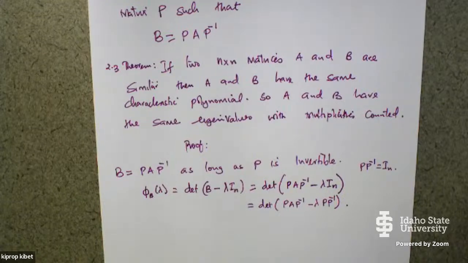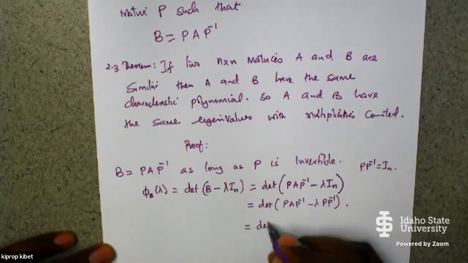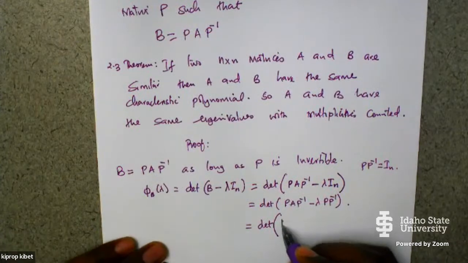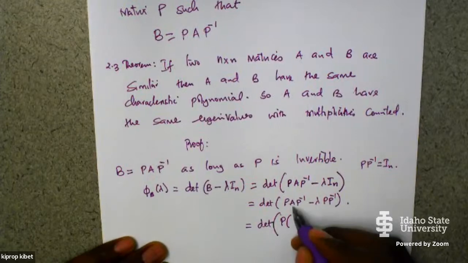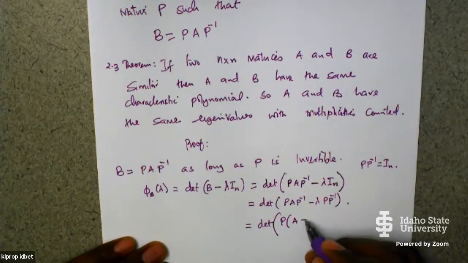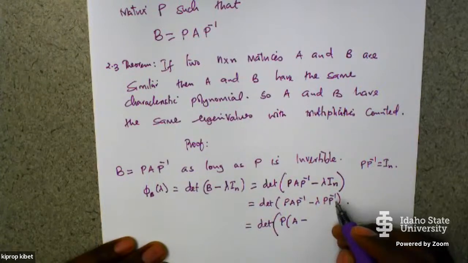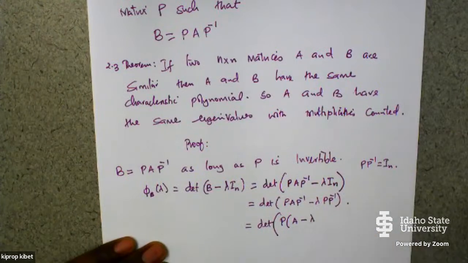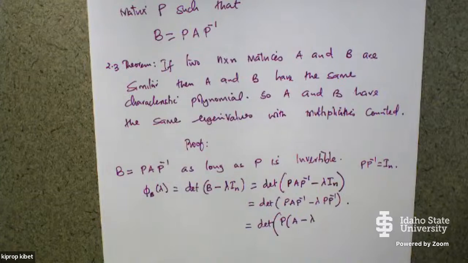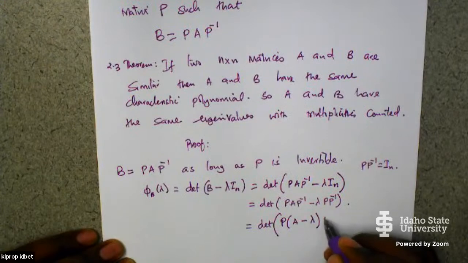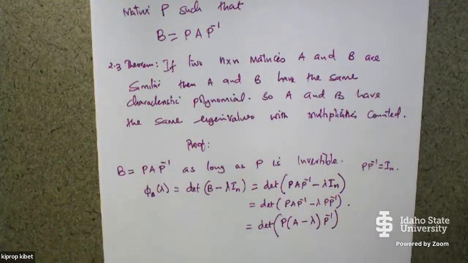This is also the same as, we can factor out P from this side, so what remains here is A minus lambda, and then we can factor out P inverse from the other side.